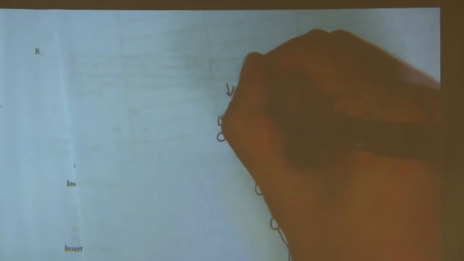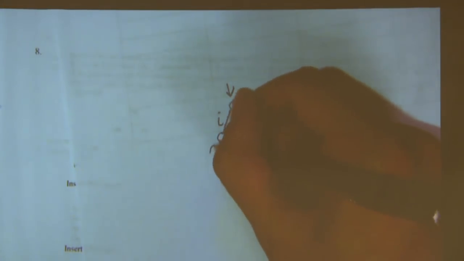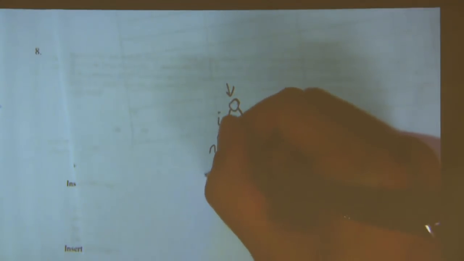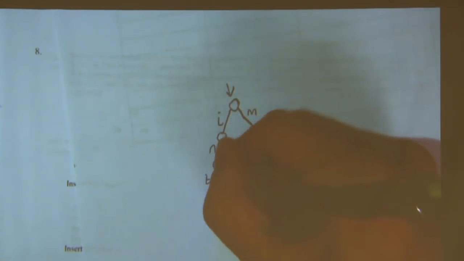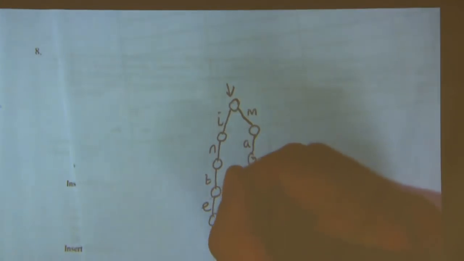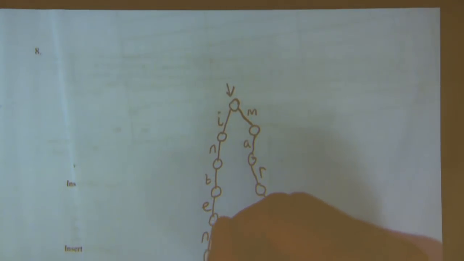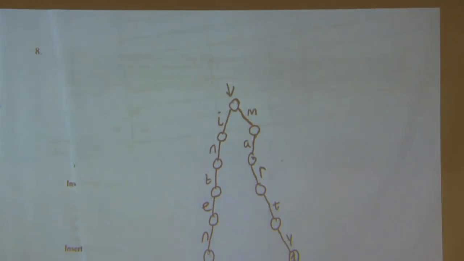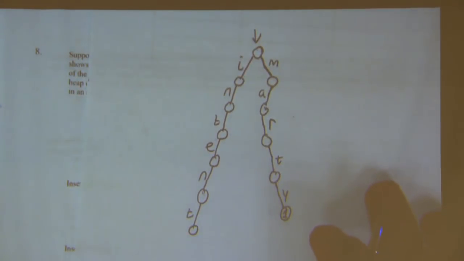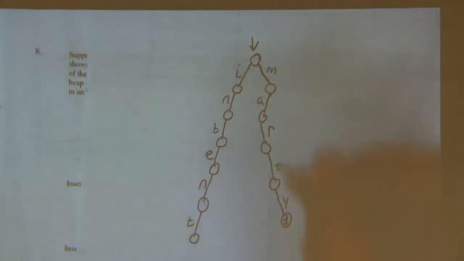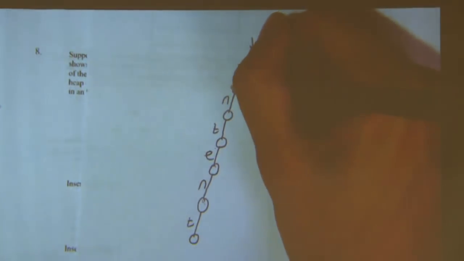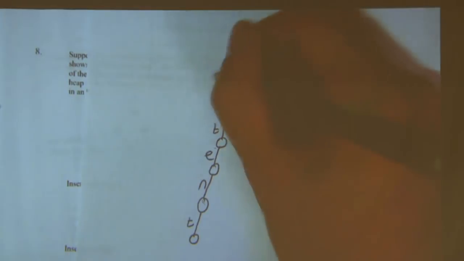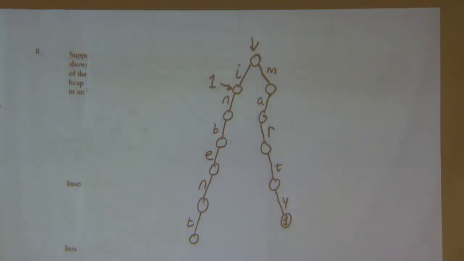So we have I, N, T, E, N, T. Right. So I have this intent word. But so, and I drew this a little small. I is a word, right? So it would have a 1 in its node because I is considered a word.